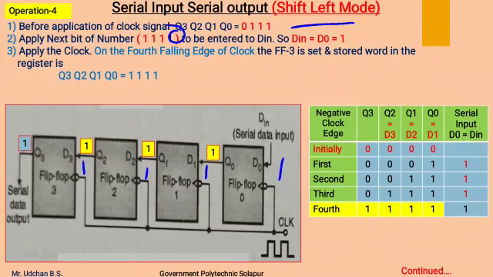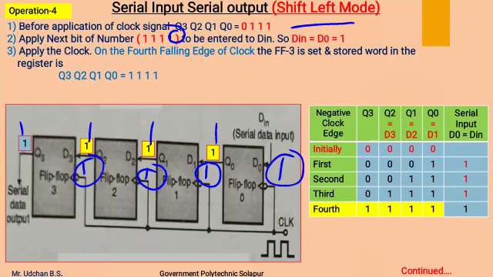Means here before application of the clock pulse, all the flip-flops have their D input as 1. So after the application of clock pulse, we will get output of each flip-flop as 1. Means this one will come over here, this one will come over here, this one will come over here, and this one will come over here.